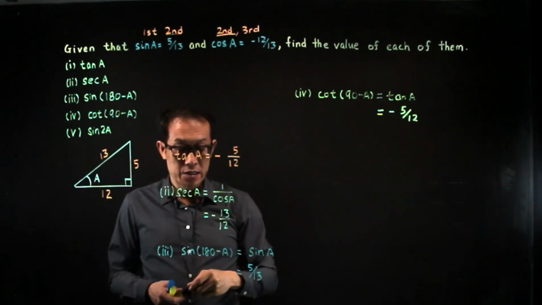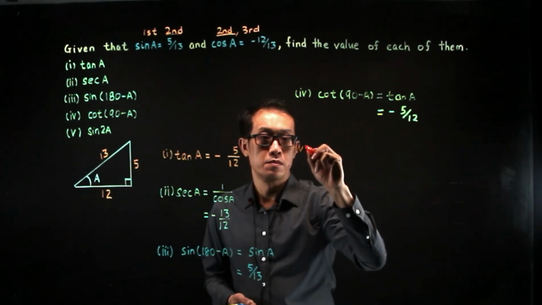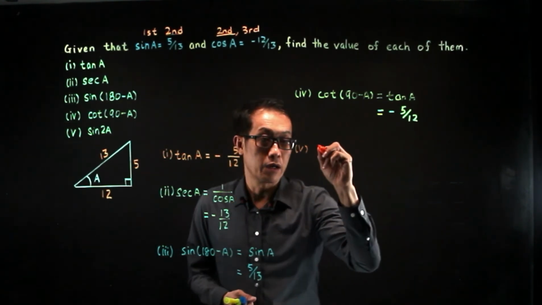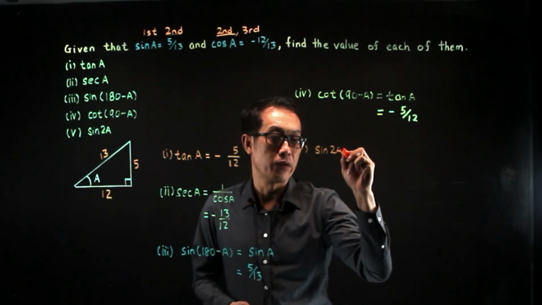The last one is sine 2A. How to find sine 2A? We can use the double angle formula.